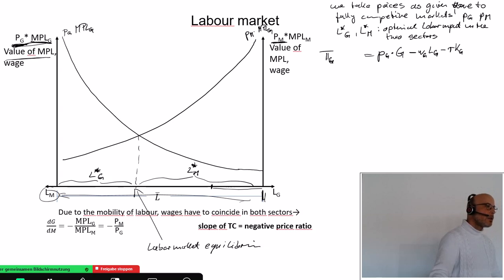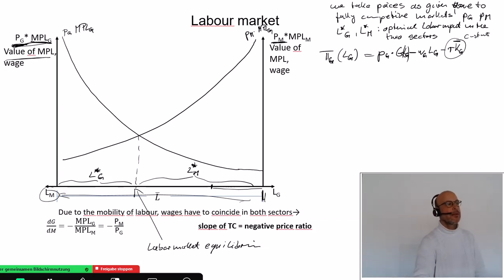And what do we do if we want to optimize this? Well, this is our specific factor, so this is a constant. G is depending on the flexible factor. So profits are in general depending on the labor input.